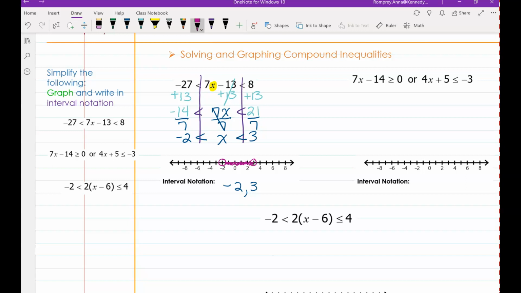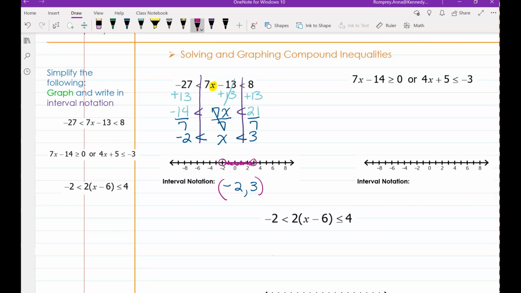So negative 2 is not included, it is excluded, so parenthesis. Same thing, 3 is also open, so it is a parenthesis. So this interval notation is looking a little bit different than before because we don't have anything headed to infinity. So a compound inequality can have a smaller solution set. Doesn't have to, but it can.